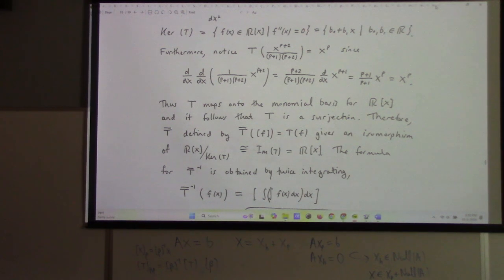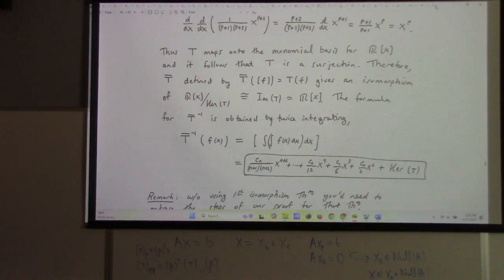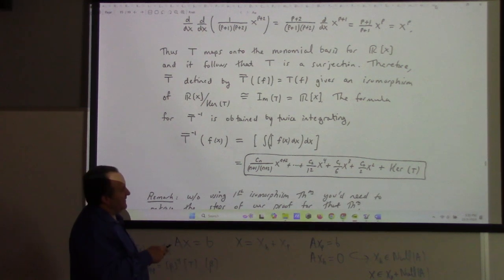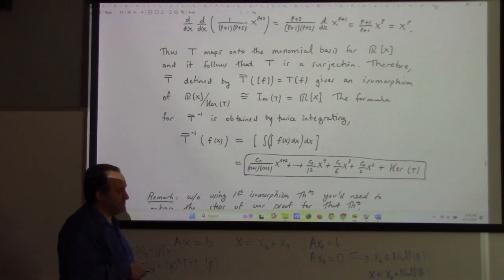But here, we're working with equivalence classes. We're modding by the kernel, which means arbitrary copies of a linear polynomial are being treated as 0 in the quotient, right? So I just set the constants to be 0 basically and took that particular antiderivative as a representative for the coset there.